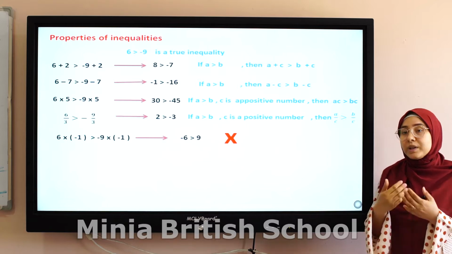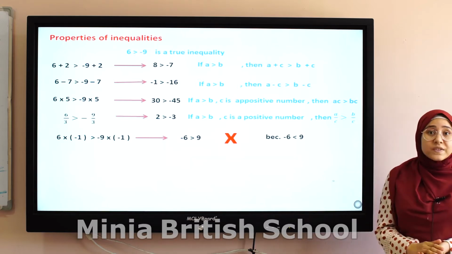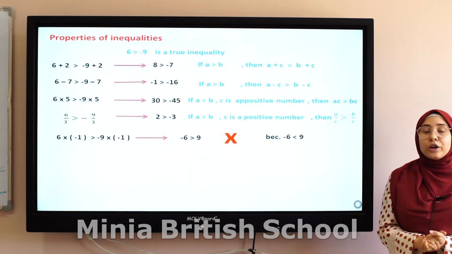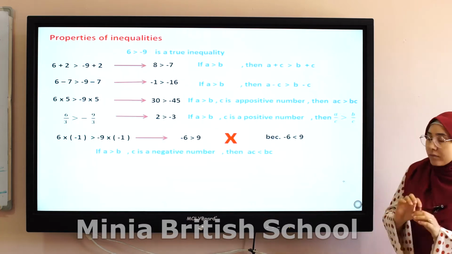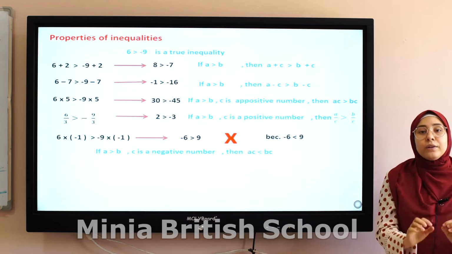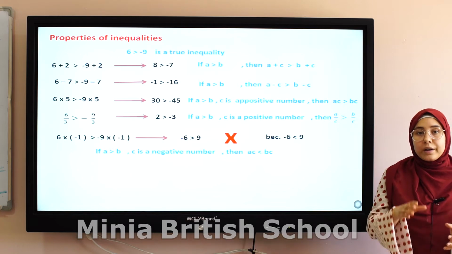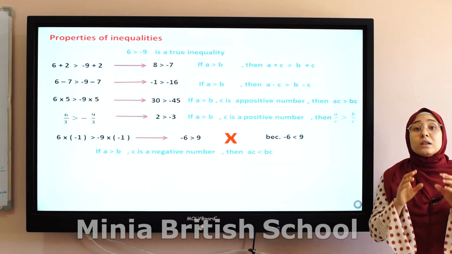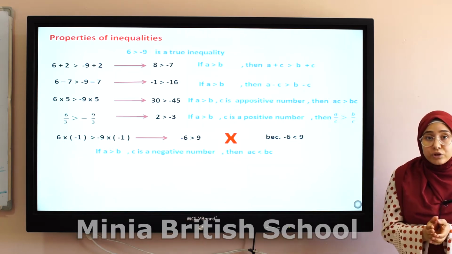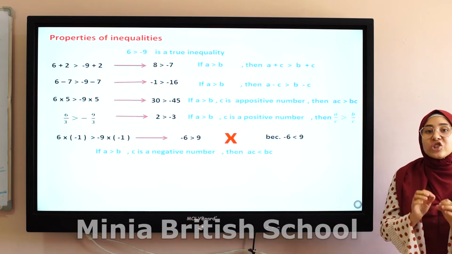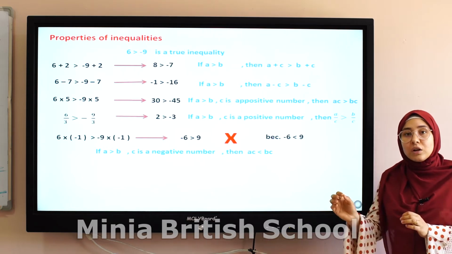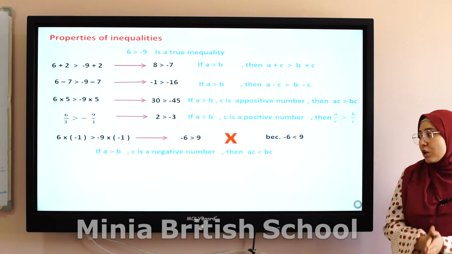It's false, because -6 is less than 9. So take care here. If we multiply the two sides of the inequality by a negative number, then we change the sign of the inequality to the opposite sign.